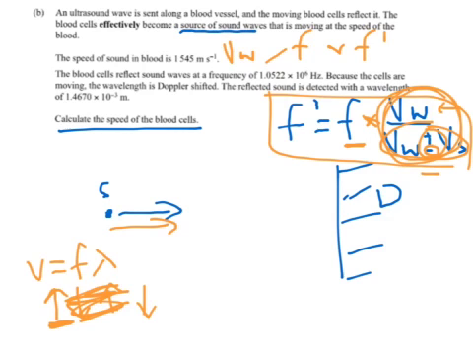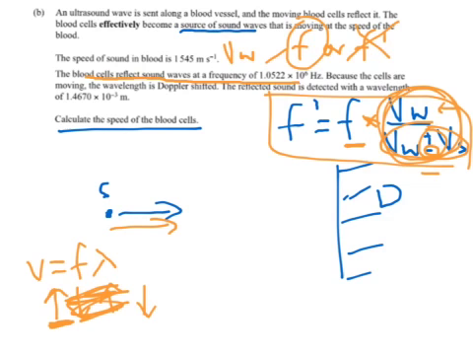Is that the frequency that's been modified, or the frequency that the source is putting out in real time? It says the blood cells reflect sound waves at a frequency of this, so that would suggest it's not the modified value. Otherwise it would say the wave detected by the Doppler is this, but it doesn't. It says that's the frequency they're reflected at. So this is F.